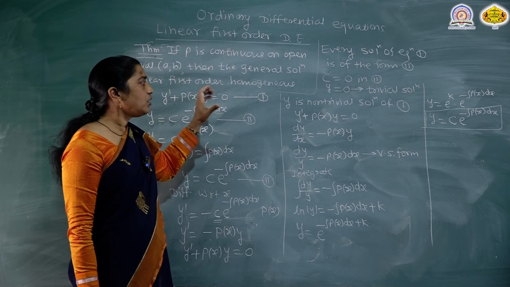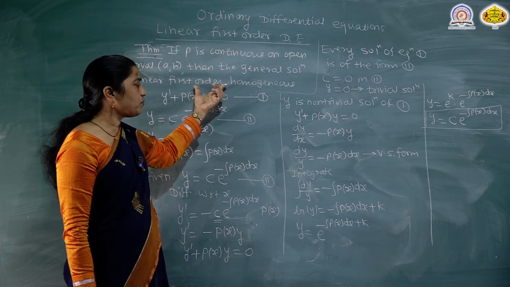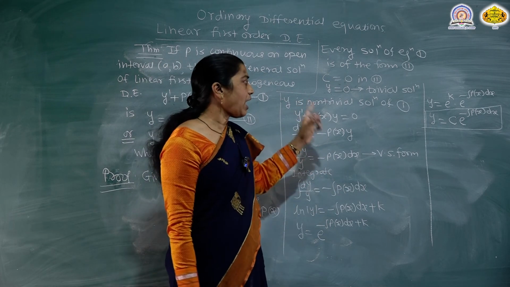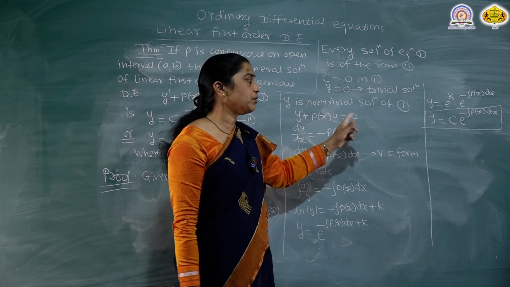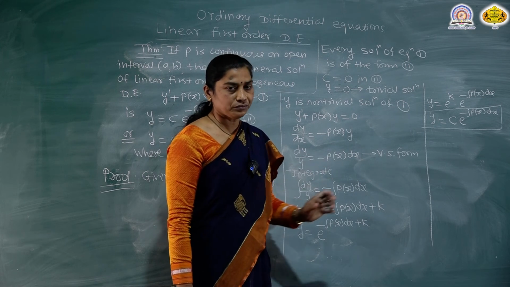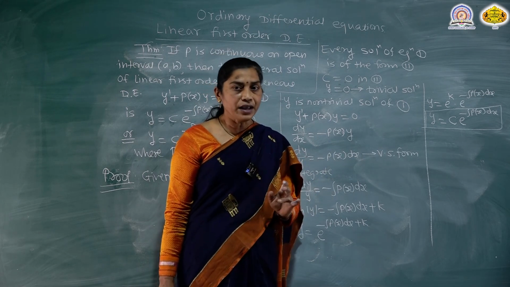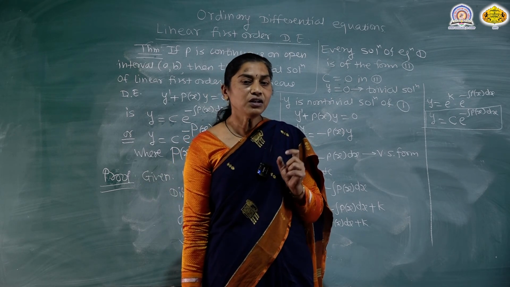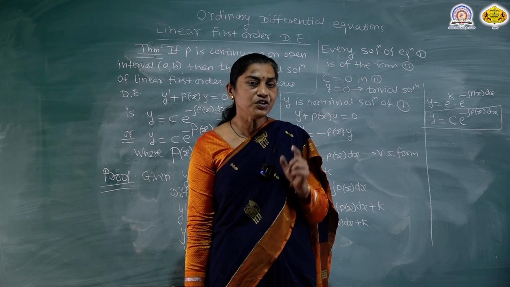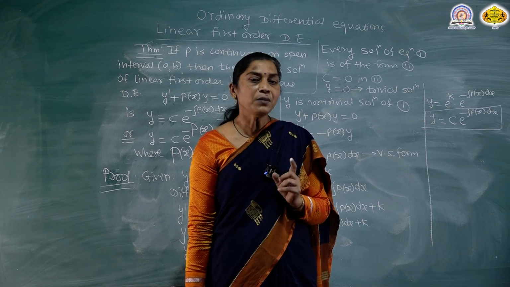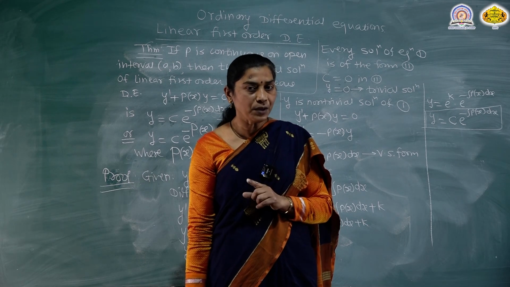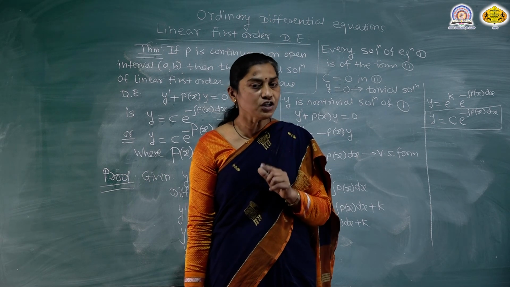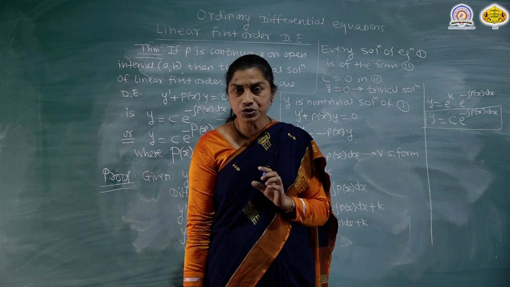So we have seen special examples of this where we have obtained the variable separable form, and integrating that variable separable form we get the general solution. So what we have studied today, we have seen what is meant by linear differential equation of first order which is of the form y dash plus pxy is equal to fx. We have seen homogeneous equation. If fx is equal to 0, that equation become homogeneous.